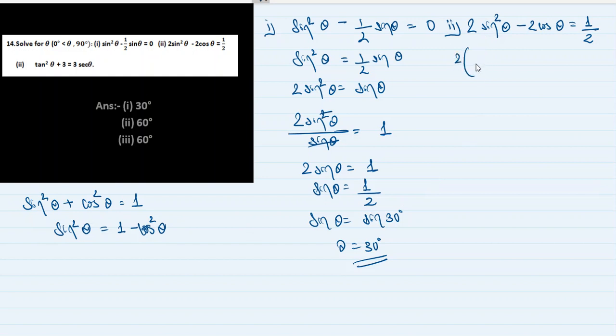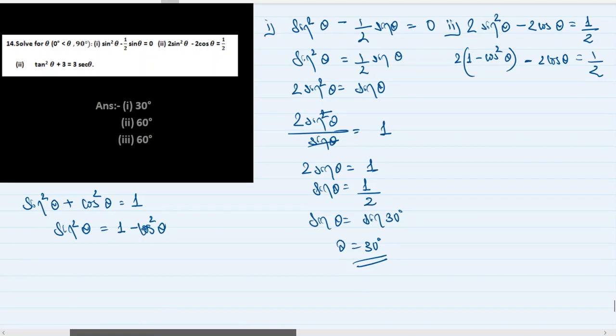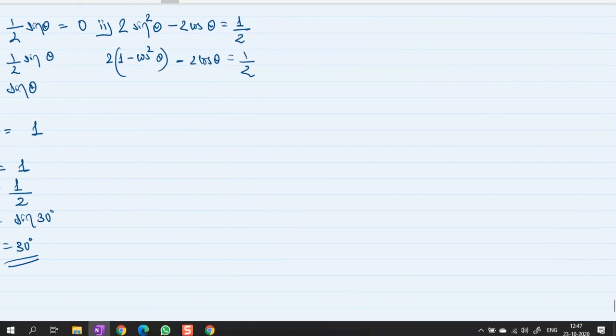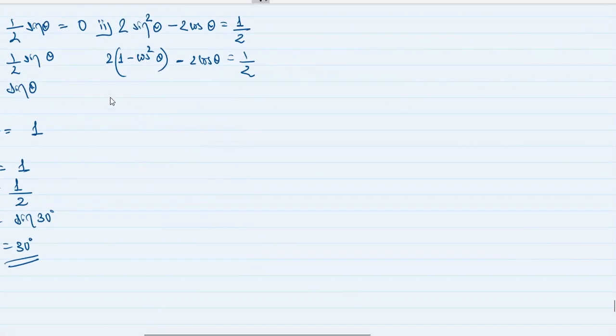So 2 bracket, in place of sine square theta, I have 1 minus cos square theta, minus 2 cos theta is equal to 1 by 2. Okay, so let's do one thing.